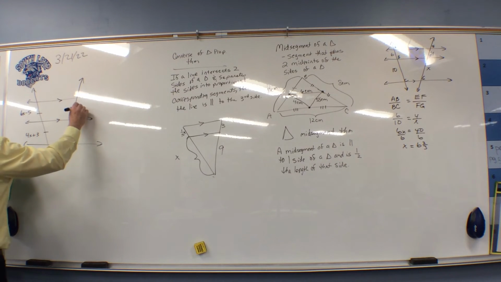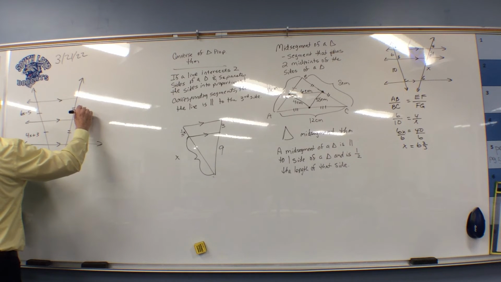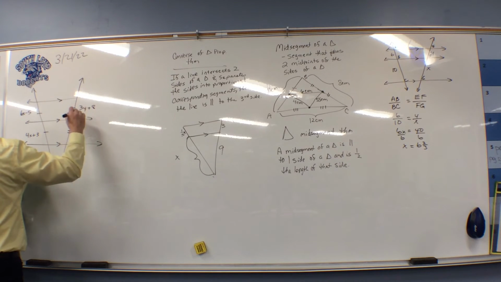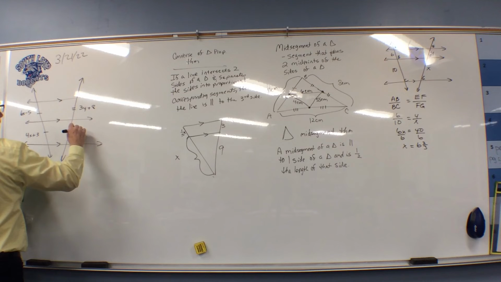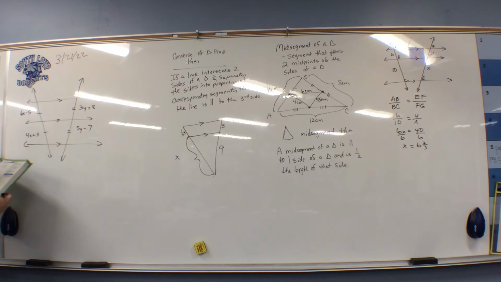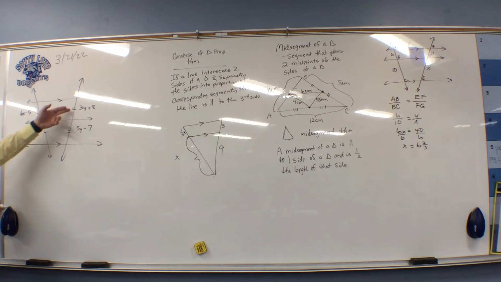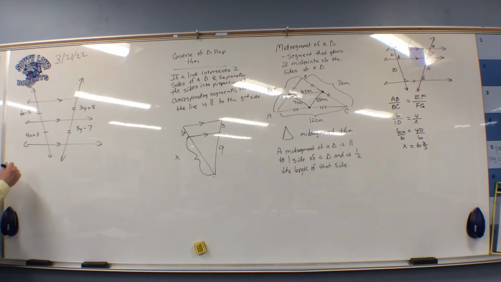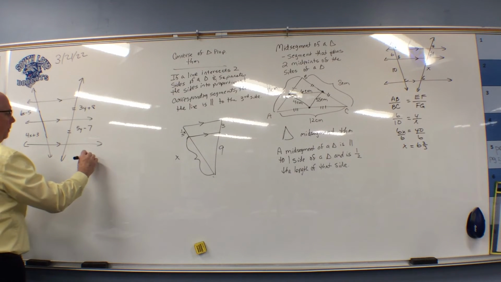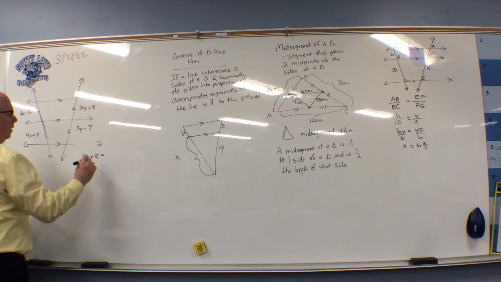And this is 3y plus 8, and this is 5y minus 7, okay? And I asked you to find x and y. How would you do that? How would you solve for y if these two are equal? We didn't know these were equal, maybe. How would you find y? 3y plus 8 equals 5y minus 7.